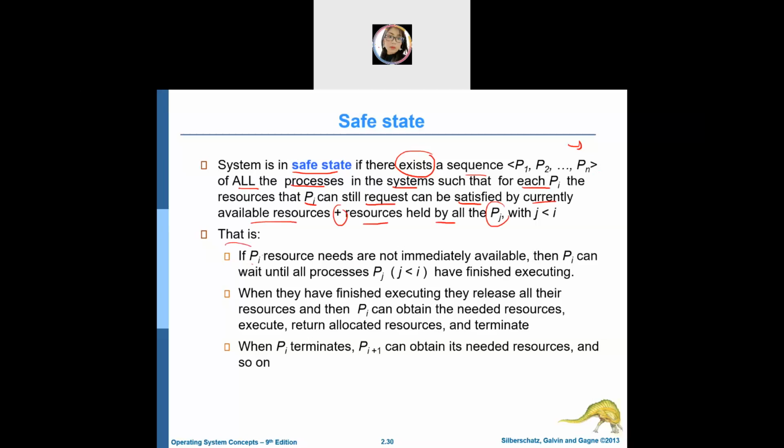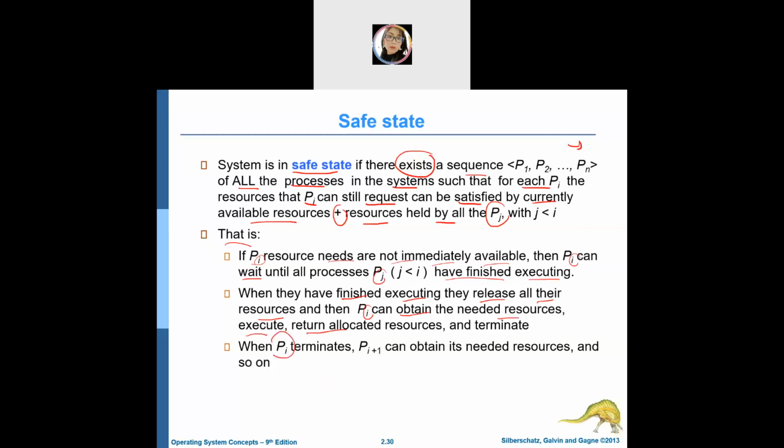That is, if Pi's resource needs are not immediately available, then Pi can wait until process Pj has finished executing. When they have finished executing, they release all their resources, and then Pi can obtain the needed resources, execute, and return the resources, as long as a cycle of waiting does not occur.